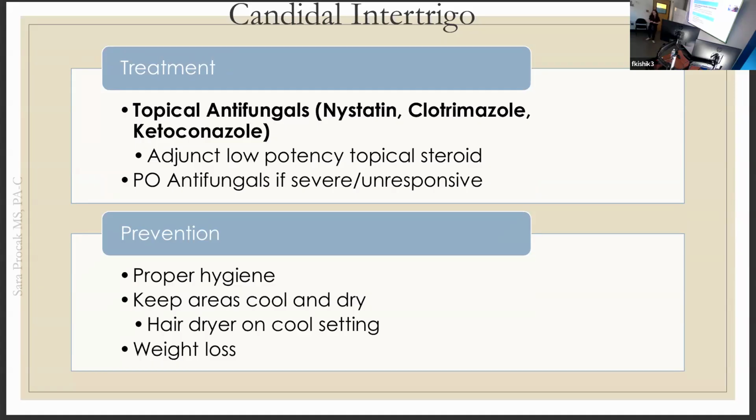All right. But you might adjunct your treatment with a low potency topical steroid because remember the main process that's occurring is inflammatory. All right. So using a hydrocortisone 2.5% cream is usually common for those intertriginous areas, and we're worried about the side effects that can come with topical steroids, right? So you go low potency.